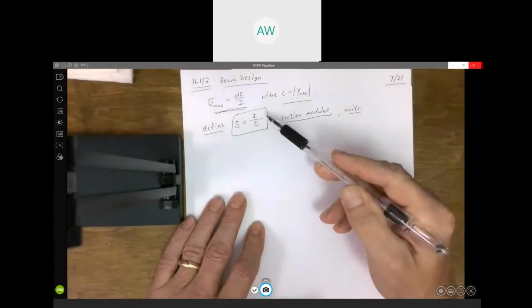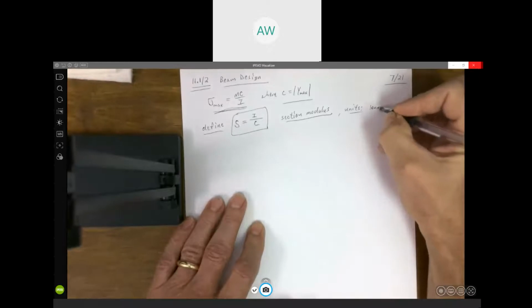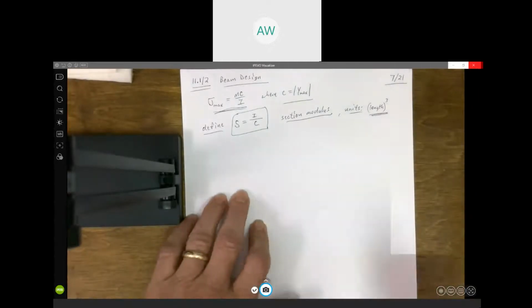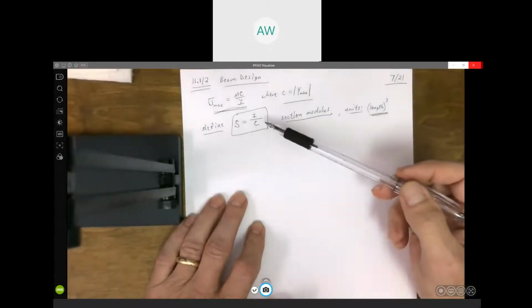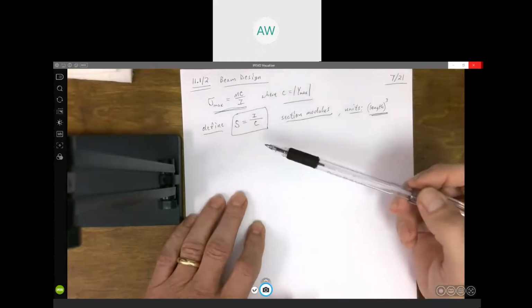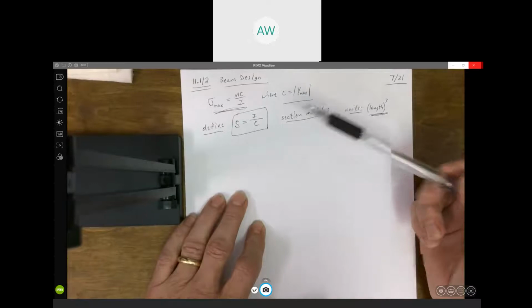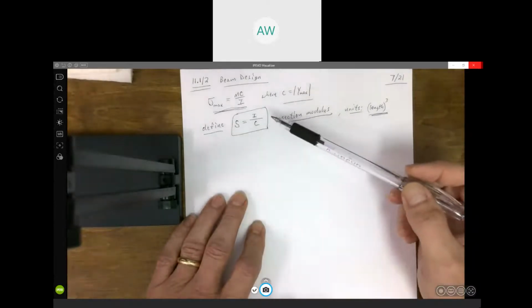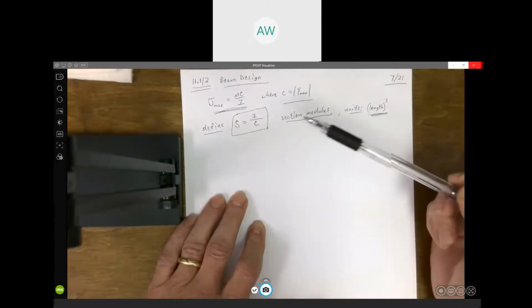Inertia is length to the fourth, and we're dividing by a length, so it's going to be length cubed. So it's just a ratio involving a moment of inertia and c, and this is what we're going to use to pick our beam out of that table. We'll see in a minute. I'll put a table up so you can see it. There's a column that gives the section modulus for each of those beams.